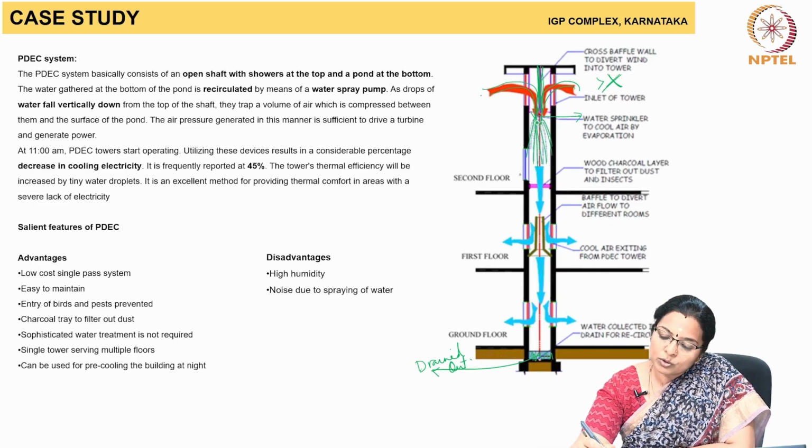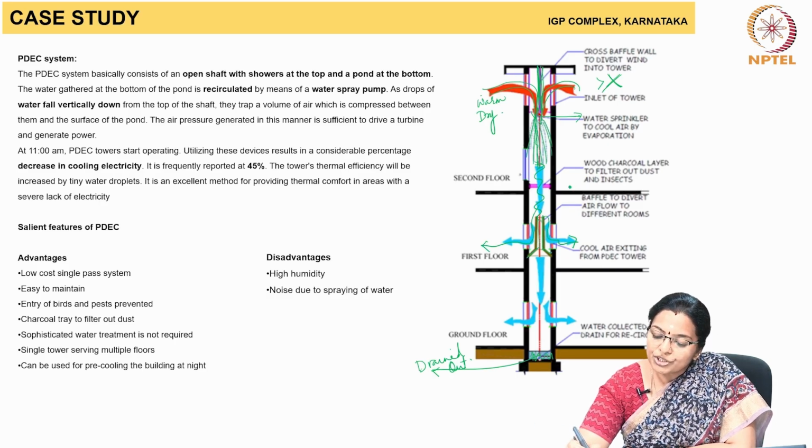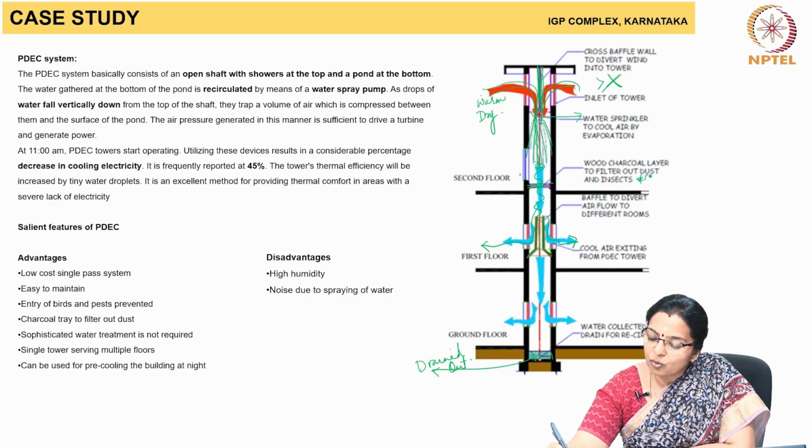So, through this mist, the warm dry air is directed to come down, and it absorbs the moisture and flows below. Again, there are baffle walls which direct the breeze inside. There is also a wood charcoal layer which acts like a filter for dust, insects and odor.